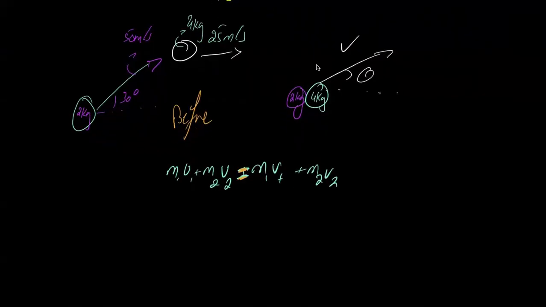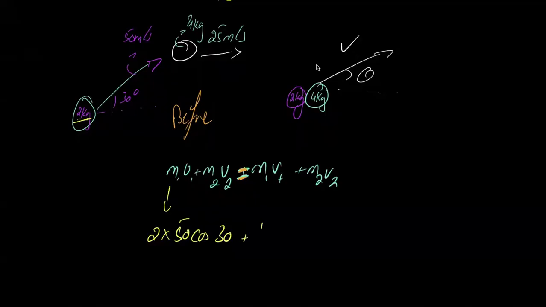So what's our horizontal momentum? First of all, M1 is going to be the same, times U1. Now guys, if I'm dealing with my horizontal motion, what should be my U1? I'm talking about the horizontal motion. So what's going to be my U1? 50 cos 30, correct?